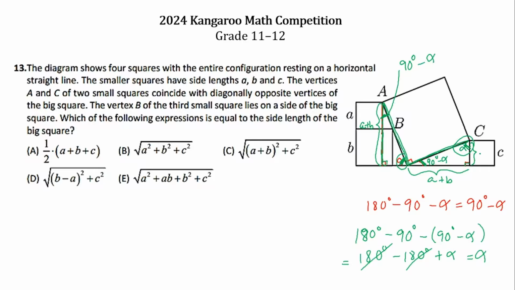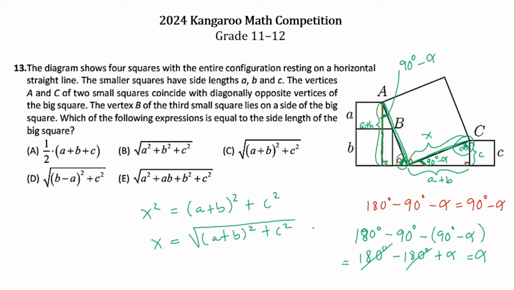This side is C. Now, if we represent this side by x, we can use the Pythagorean theorem to have the equation x squared equals the square of a plus b plus c squared. And finally, if you get the square root, x equals the square root of a plus b squared plus c squared. Alright, so the answer is obviously option C.